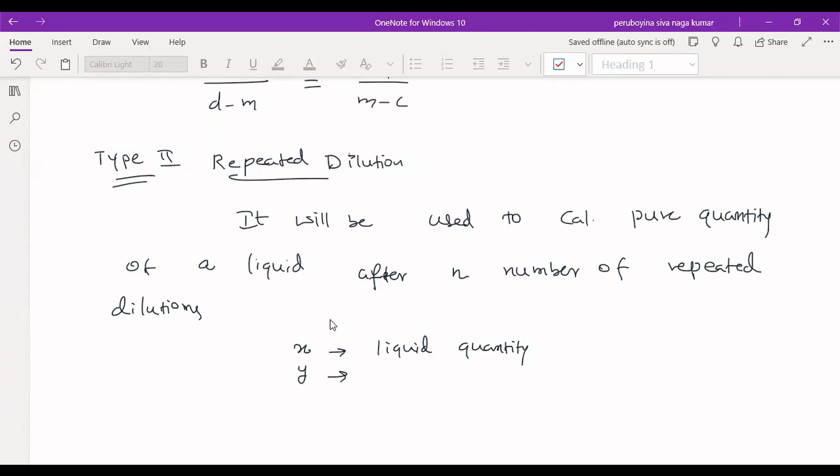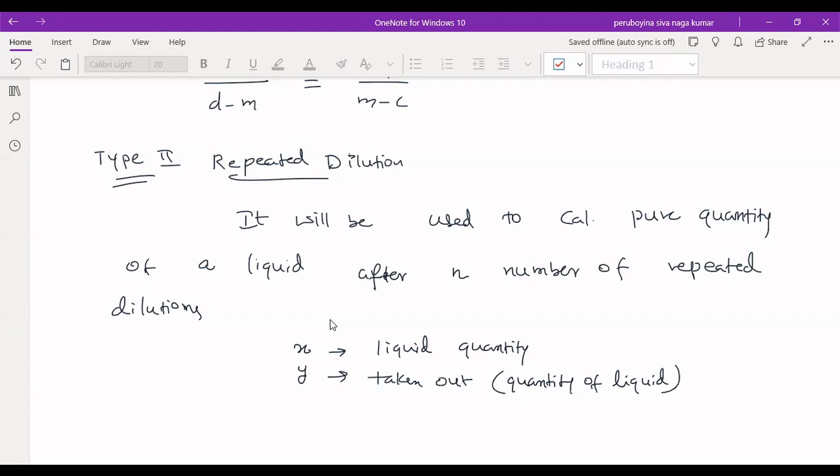Y means the quantity of liquid taken out from the vessel, and the vessel initially contains X liters of that liquid.